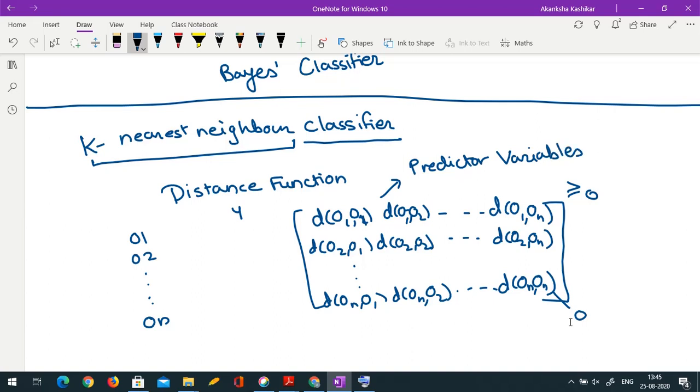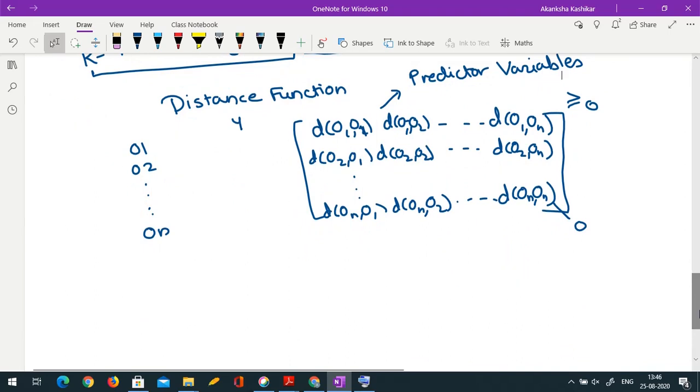We are going to use only the predictor variables to compute this distance. The response variable is kept aside.